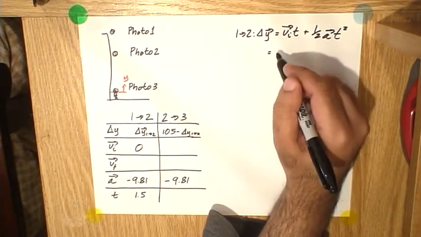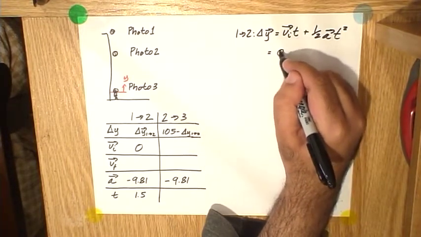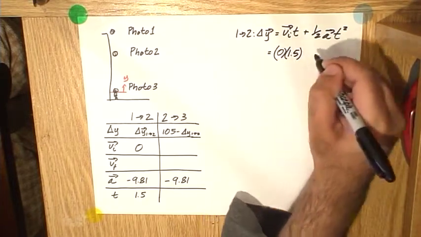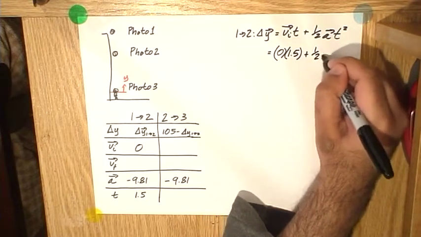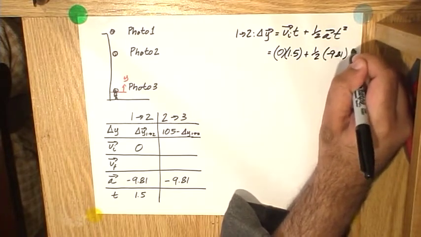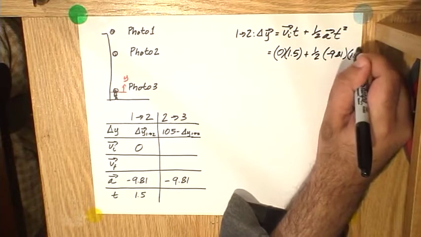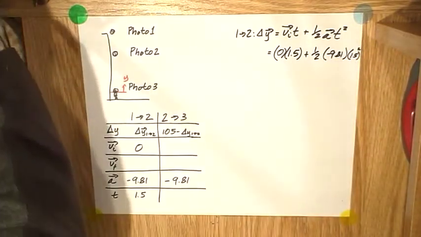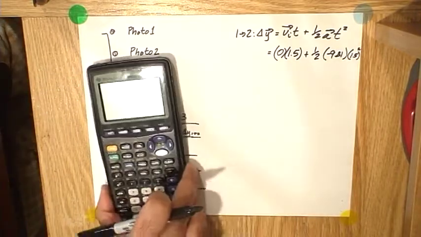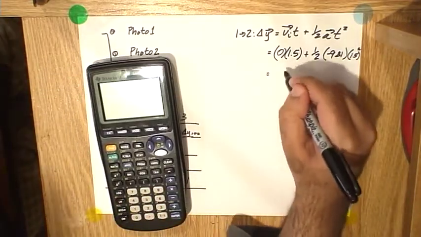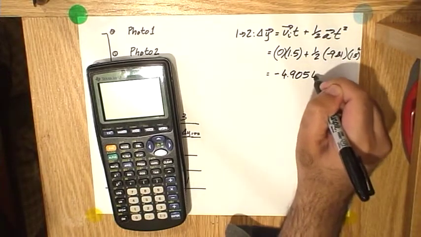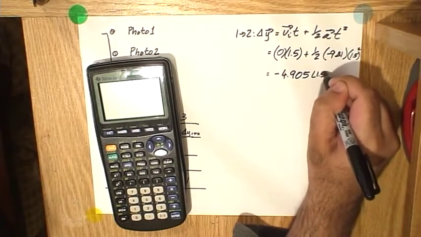Delta y is the unknown, but it would be equal to 0 times t, 1.5, plus 1/2 times acceleration, negative 9.81, times t squared, 1.5 squared. Now, 0 times 1.5 is obviously 0, but the rest of this is going to simplify to negative 4.905 times 1.5 squared.